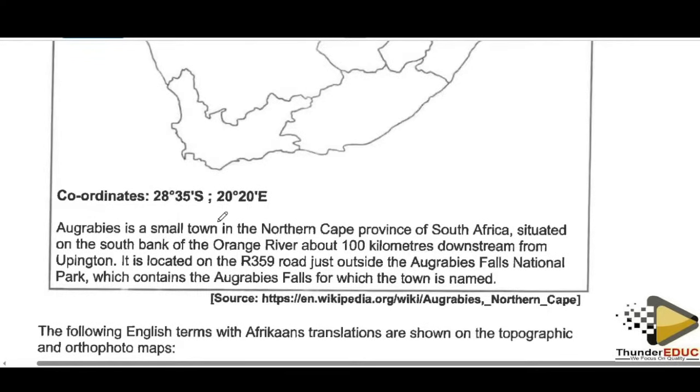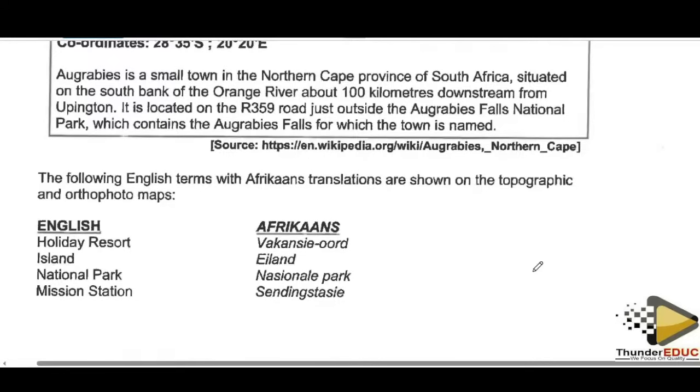They say Augrabies is a small town in the Northern Cape province of South Africa, situated on the south bank of the Orange River, about 100 kilometers downstream from Upington. It is located on the R359 road, just outside the Augrabies Falls National Park, which contains the Augrabies Falls for which the town is named. The following terms with Afrikaans translations are shown on the topographic and orthophoto maps.